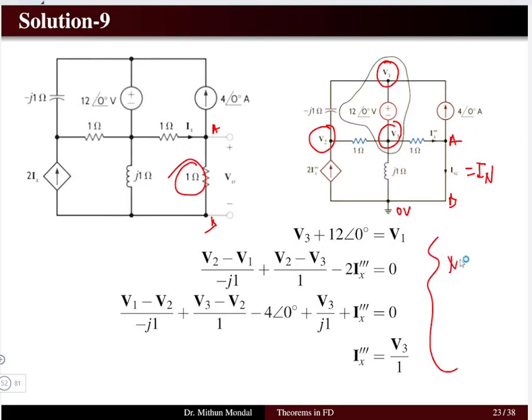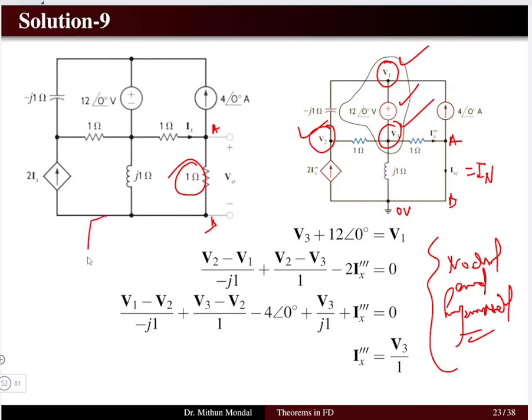We can apply the nodal and supernodal analysis because we have a voltage source between two nodes. Applying this nodal and supernodal analysis, we have to write the equations involving nodes 1, 2 and 3.